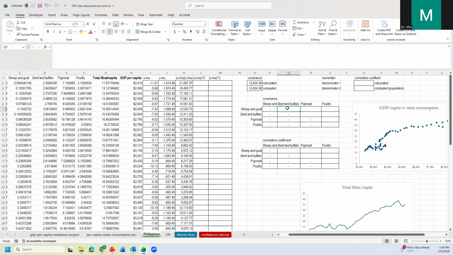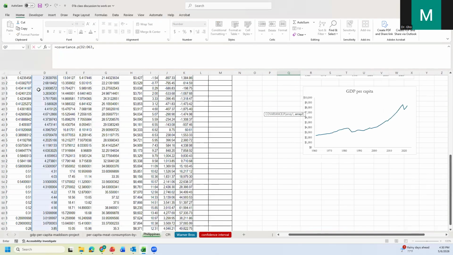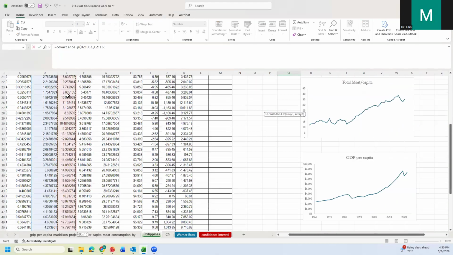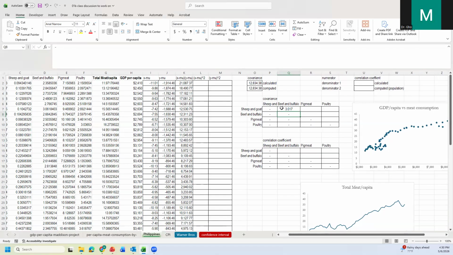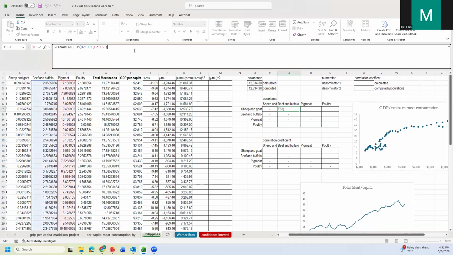Let's look at the covariance between sheep and goat and beef and buffalo. Covariance. Let's see, sheep and buffalo, and pork. And we've got some values on here. What does that tell us? It's positive, so we must have beef, buffalo, sheep.